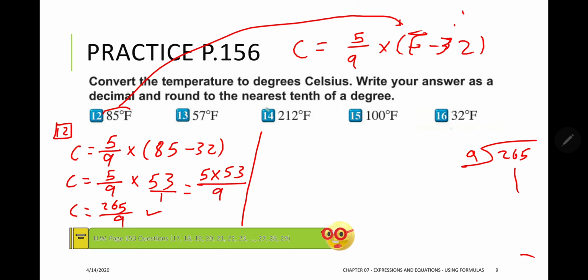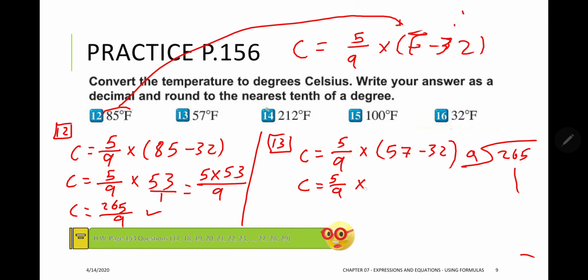Okay, then number 13, it's again the same. Just in place of F put 57. So C is equal to 5 over 9 multiply, in place of F put 57 minus 32. 57 minus 32 is 25, so 25.